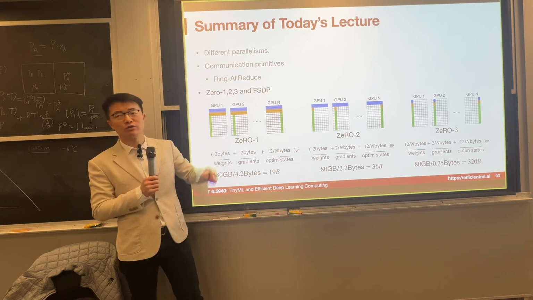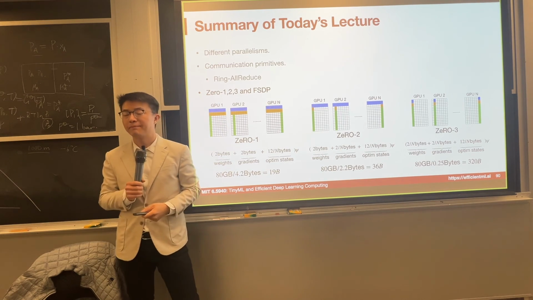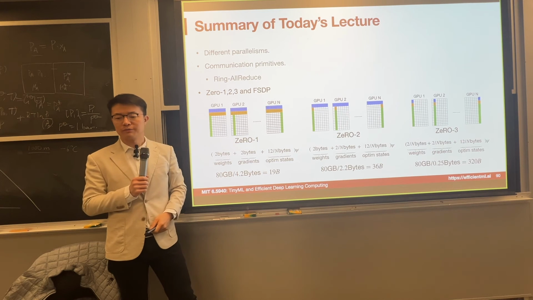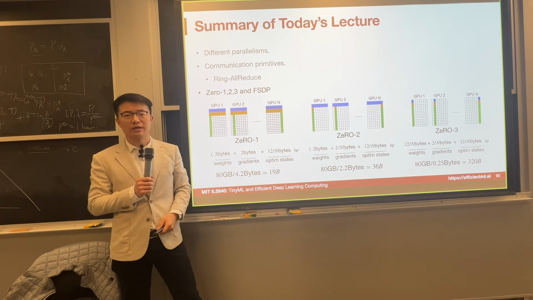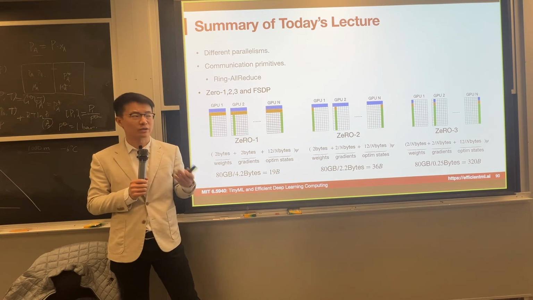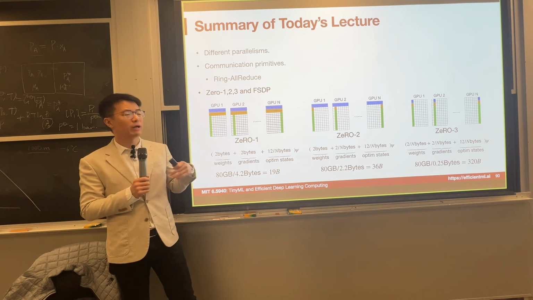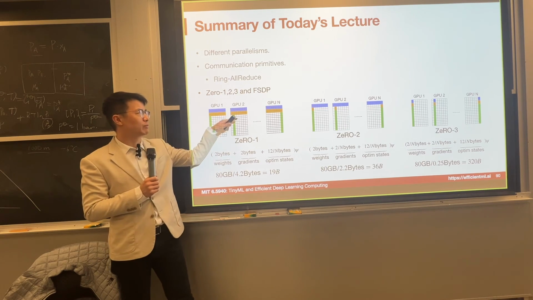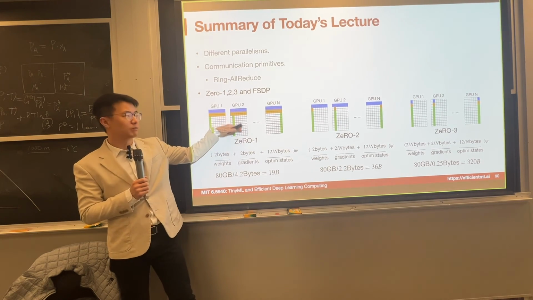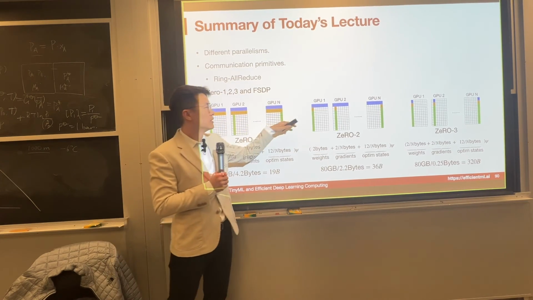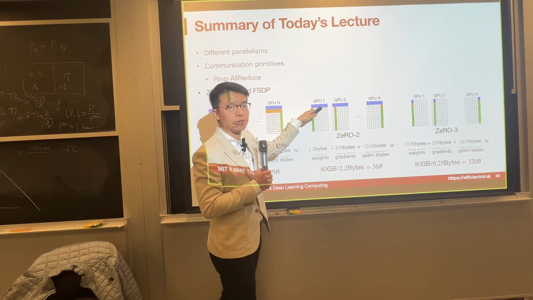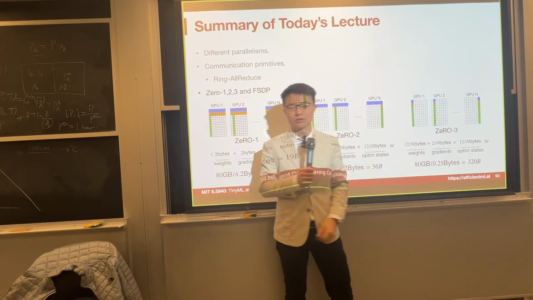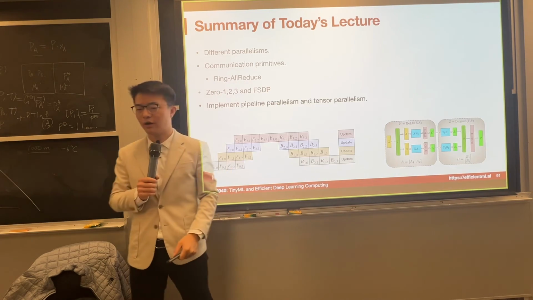Very importantly, we introduced ZeRO 0, 1, 2, 3, and also fully sharded data parallelism to reduce the GPU memory requirement by trading off to have more communication, to have less GPU memory, by sharding not only the optimizer state, but also the gradient, both the optimizer state, gradient and also the weight, to fit larger models.